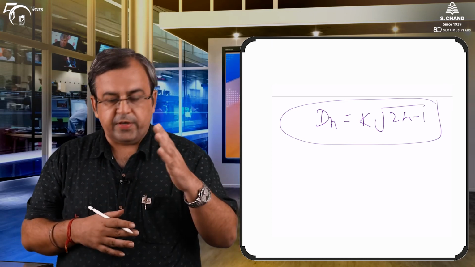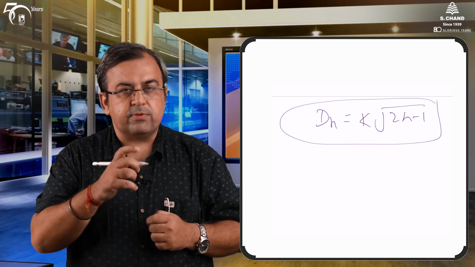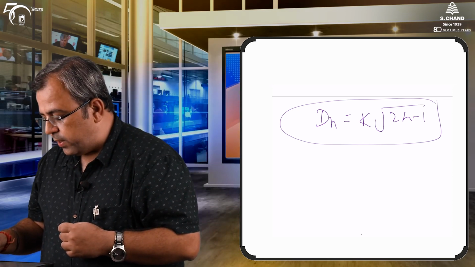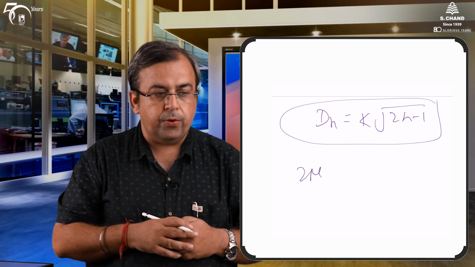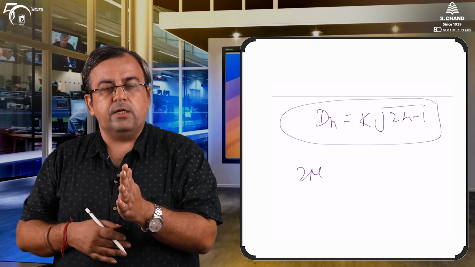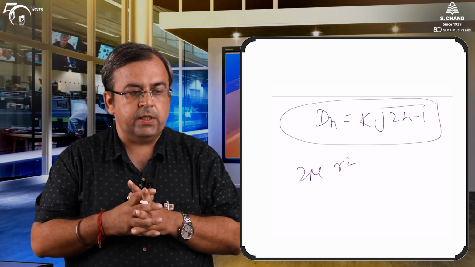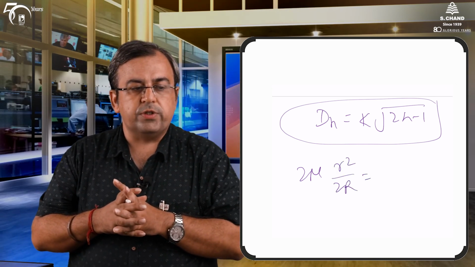Similarly, we can calculate the Dn for this also. Dn comes out to be k into under root n. If we solve this, we are able to know the diameter. The diameter is again twice the radius, and when we calculate the value of Dn, it comes out to be k under root n, right?